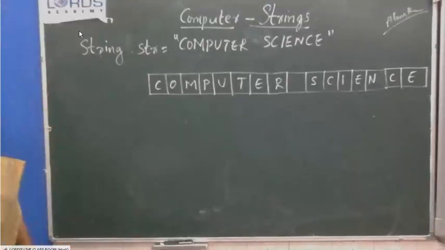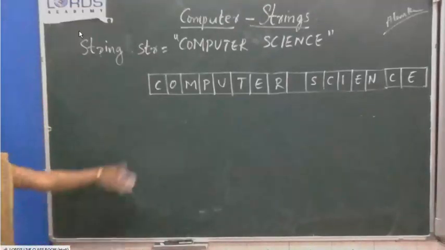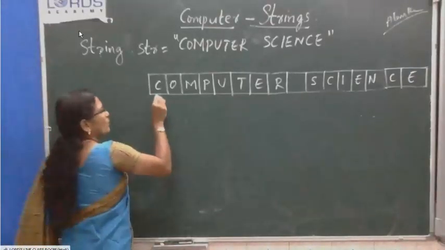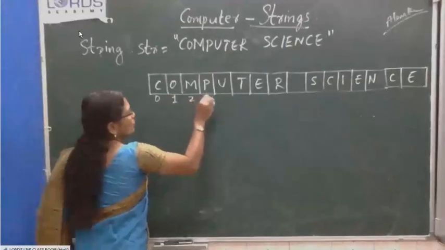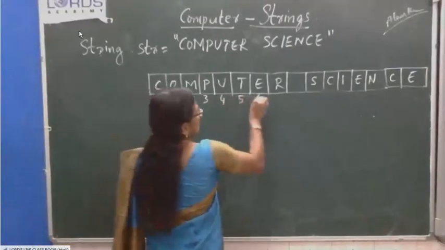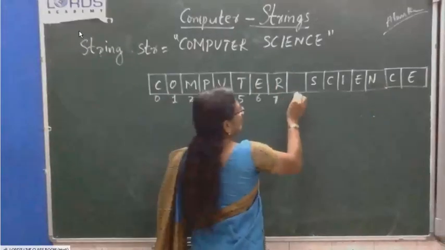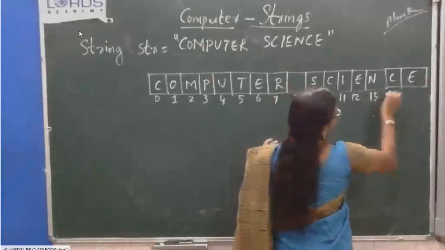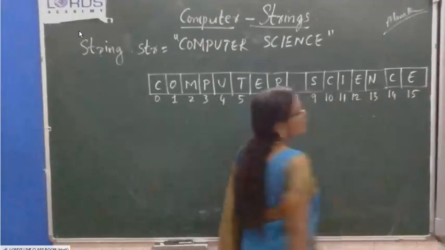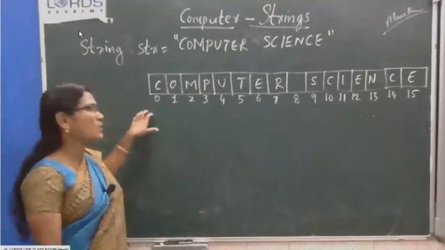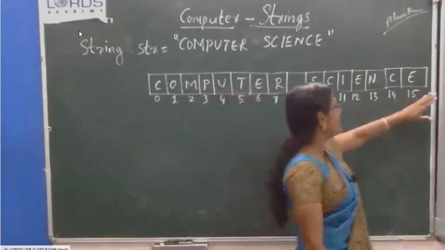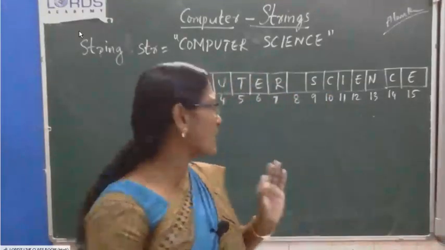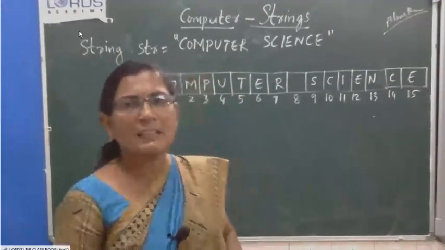Such a lengthy character array will be created, and each storage location will be given a unique index number starting from 0. 0, 1, 2, 3, 4, 5, 6, 7. The space is a character 8, 9, 10, 11, 12, 13, 14, 15. So, index number started from 0, it ends at 15. So, there are 16 characters in total in the string.